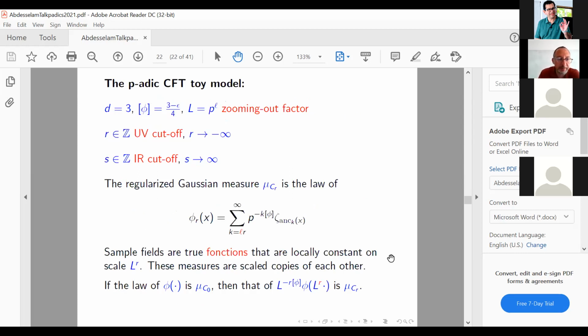Okay, now the precise model we worked on, which I call the p-adic CFT toy model. The goal is to understand eventually conformal field theories over R in 3D, but this is very hard. I'm going to set D equal to 3 in the p-adic case. The choice of scaling dimension is exactly 3 minus epsilon over 4, where epsilon is a small positive number.